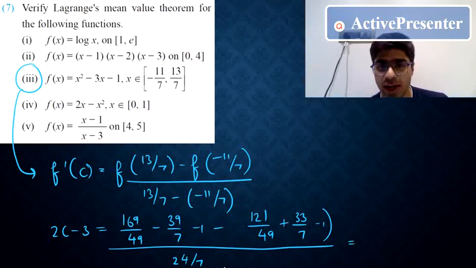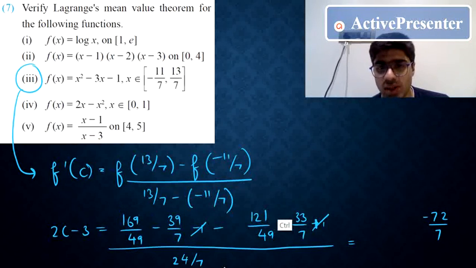If you open up the bracket here, this becomes a negative value, and this becomes plus 1. So minus 1 plus 1 gets cancelled. Minus 39 minus 33, that is minus 72 divided by 7.